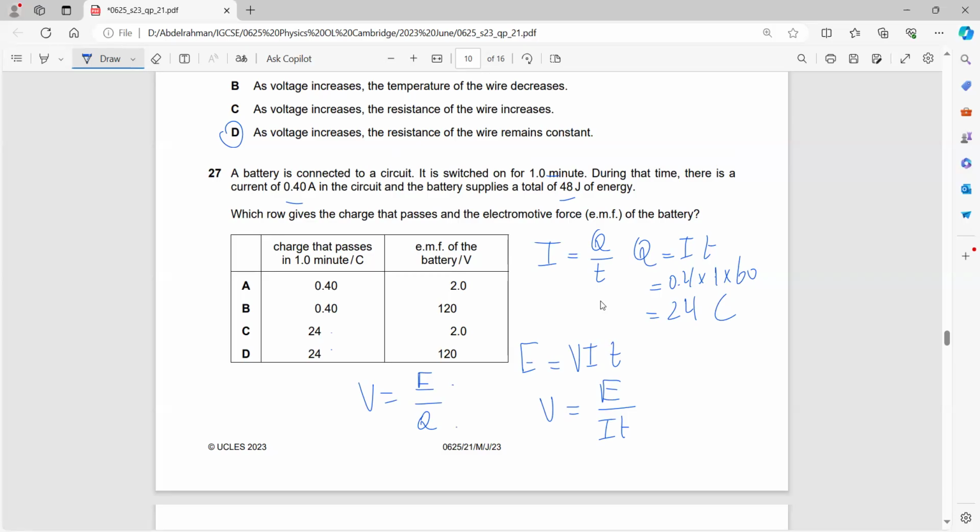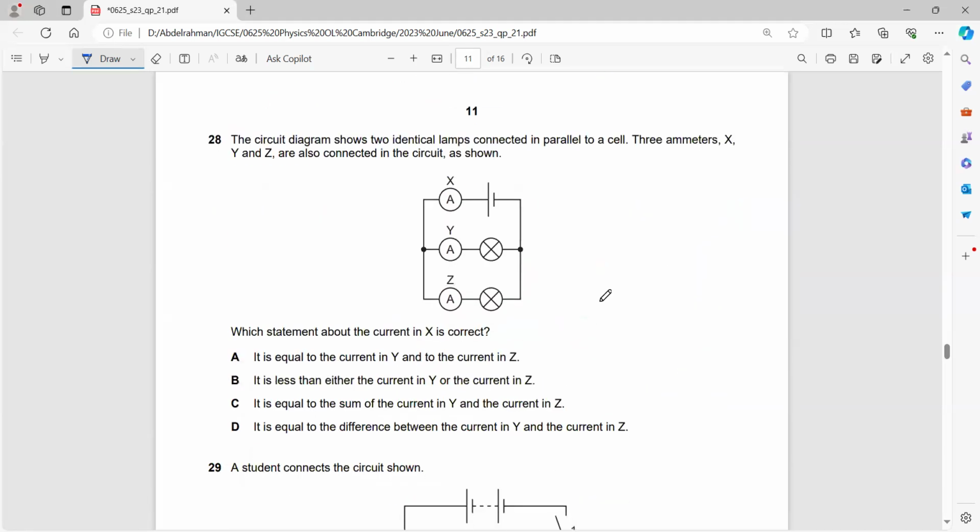They are both the same equation. So the energy supplied is 48 joules divided by 24, which would be 2.0. Okay, good.